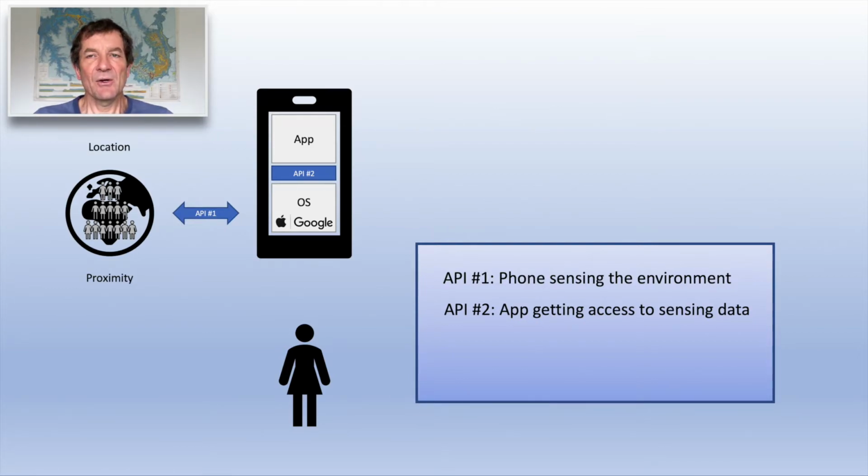Now the question is, if you have an app installed on your device, what information can that app actually get access to? And that's a very interesting question, because in the case, for example, of this new proposal by Apple and Google, the app doesn't really have full access to all the data that the phone collects.